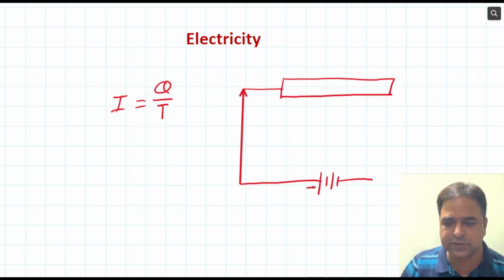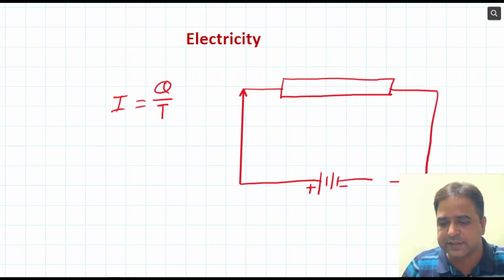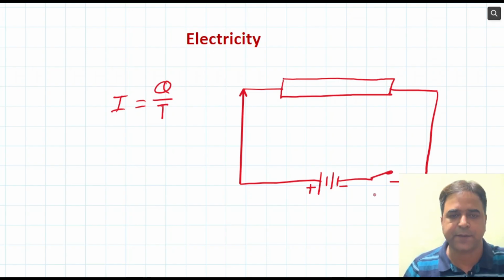This one we are noting as positive terminal, this is negative terminal. Here we can show a switch as well. So this is how this circuit is being made. This is the key.